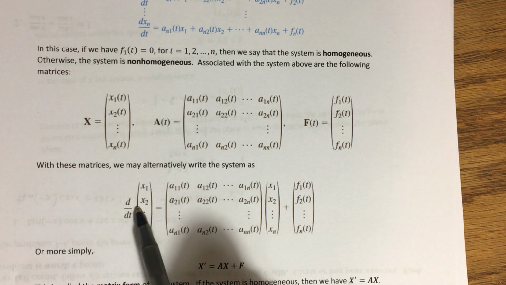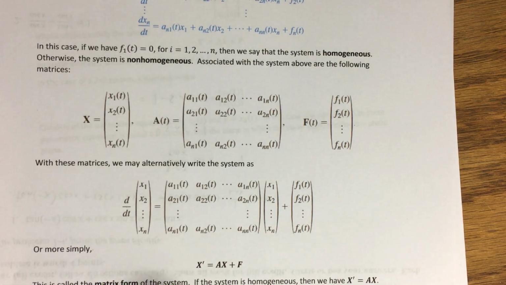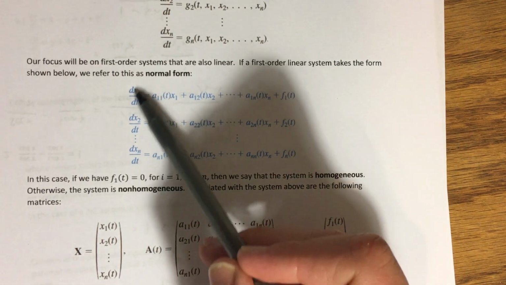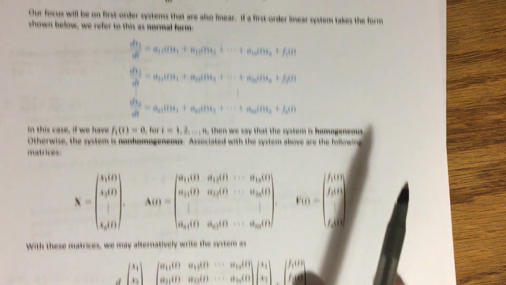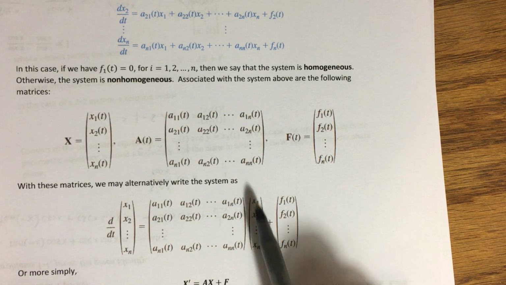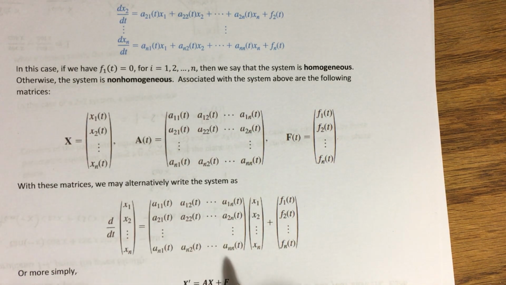Well, literally what we're talking about is taking the derivative of each of its entries, respectively, with respect to t. So this left-hand side gives us a column matrix representing the left-hand side of each of these equations. We set that equal to this, our coefficient matrix times the column vector, or the column matrix, that we define to be x right here.